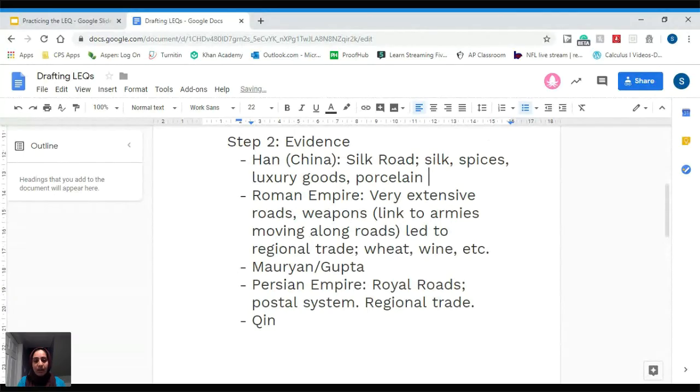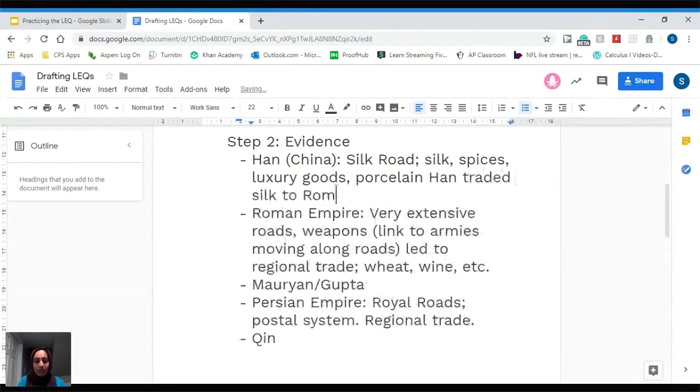So basically, the Han traded silk to Rome, and in exchange, the Chinese wanted horses really badly, and horses came from Europe. So they exchanged the silk for these horses.